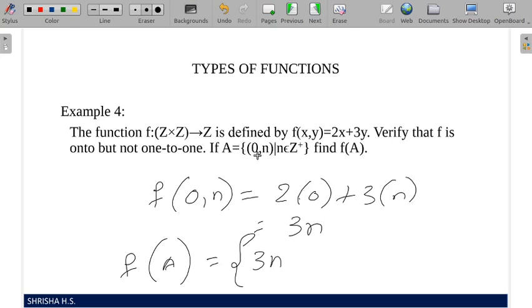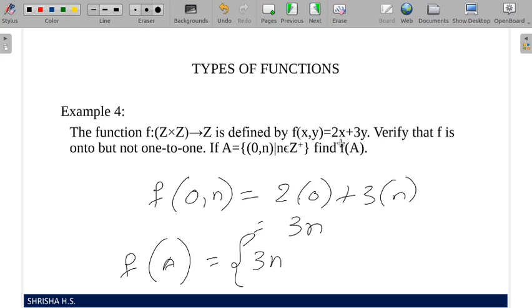As x is 0, the multiplication with 2 does not affect the value of the function. Always the multiplication with 3 affects the value of the function, because this is n and it always gets multiplied with 3. So x is 0, so it remains 0 as per the definition.